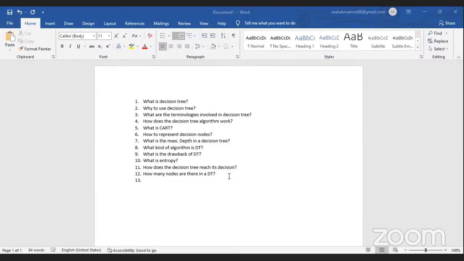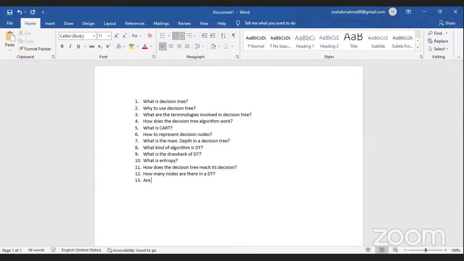There are 4 nodes in the decision tree. Next question. These are easy questions, but confusing ones also. You might get confused while answering this question, like 3, oh no, 4. So you should be pretty clear about how many nodes and what the nodes available in the decision tree are.